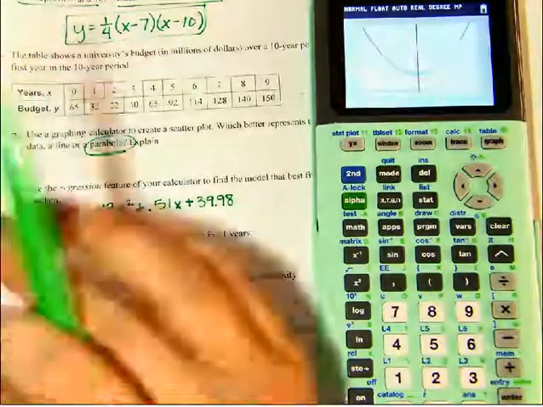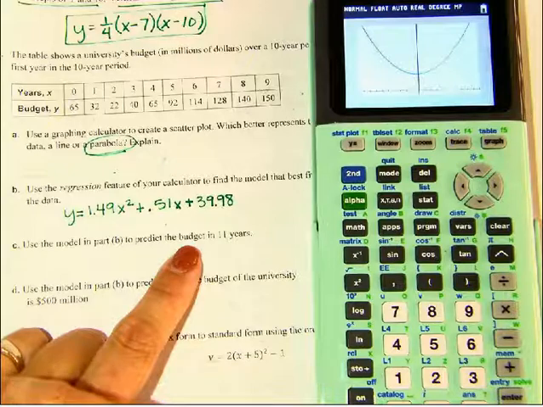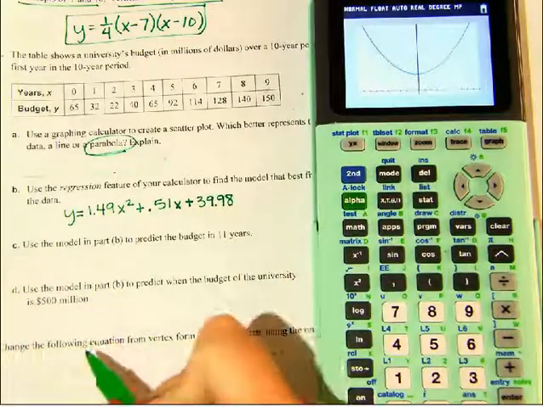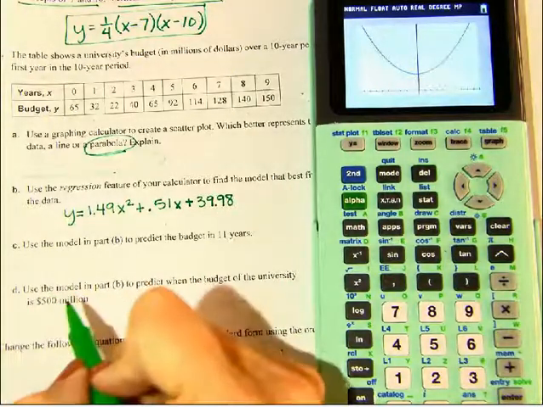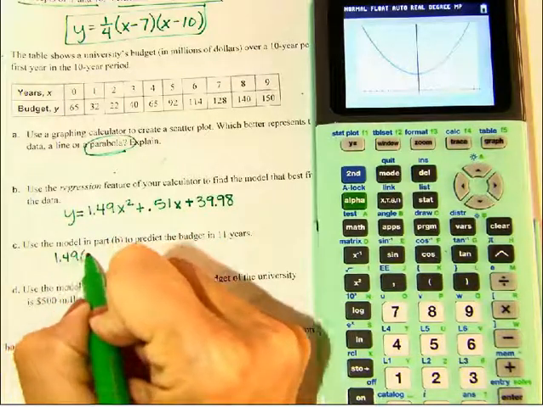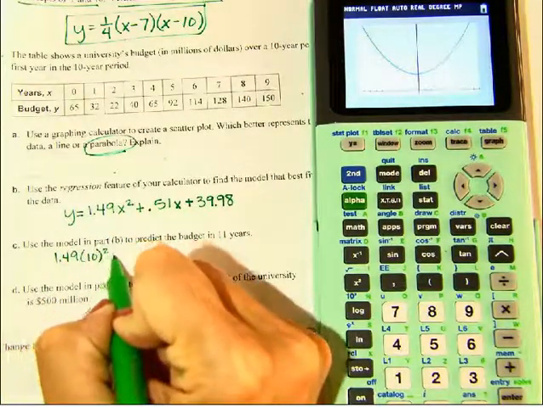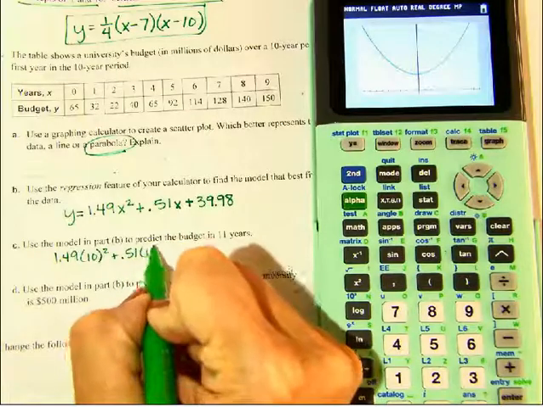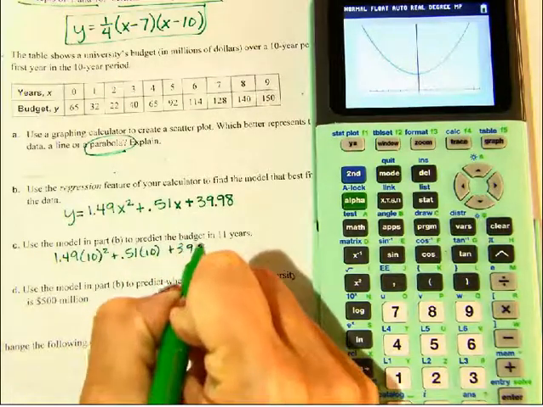If you end up putting in 11 just because of the graph, you're fine. But we're going to plug in 10. So I'm going to take this equation, 1.49, 10 squared plus 0.51 times 10 plus 39.98.